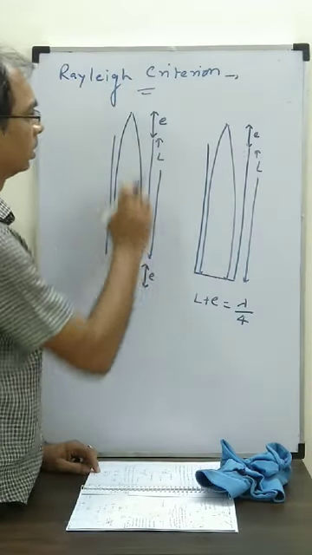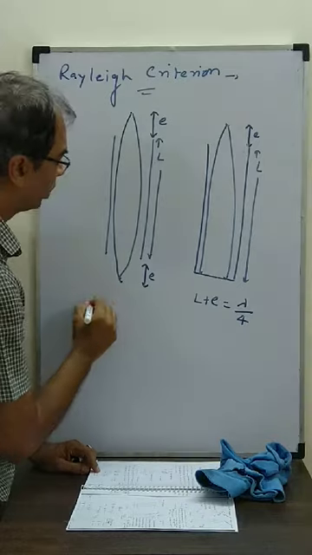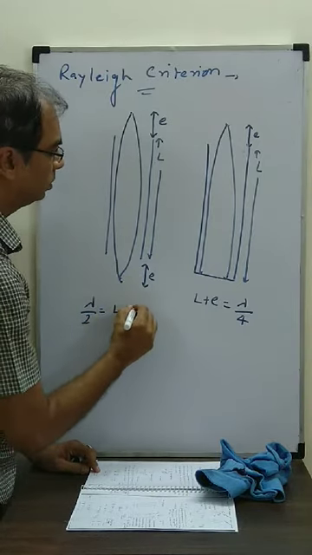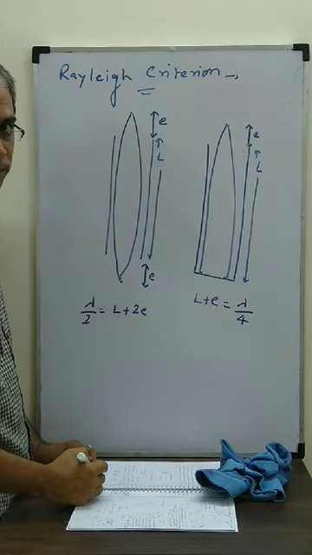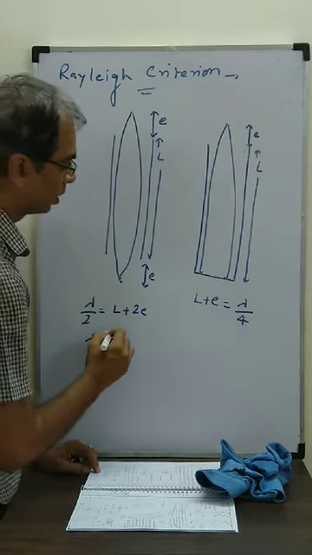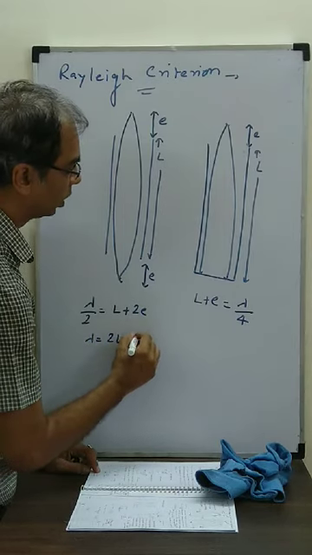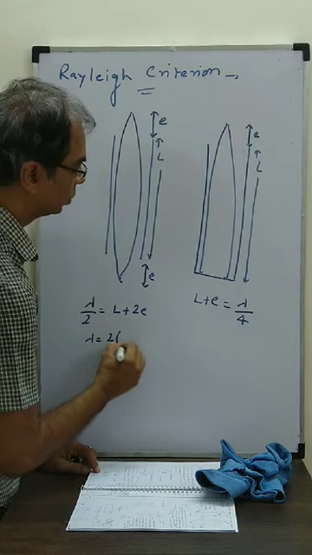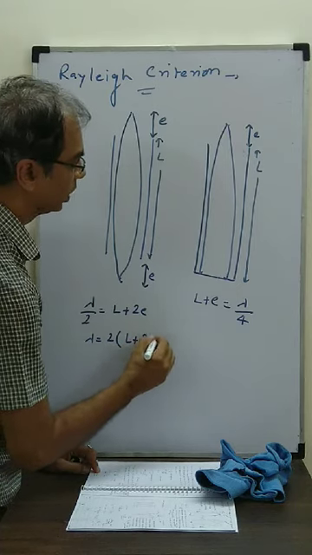And here also, lambda by 2 in open organ pipe is not L alone, it is L plus 2E. So lambda in this case is actually 2L plus 4E, or you can say 2 into (L plus 2E).